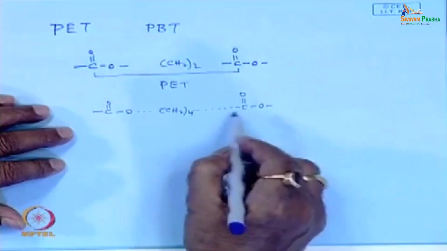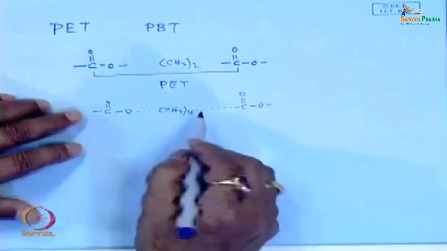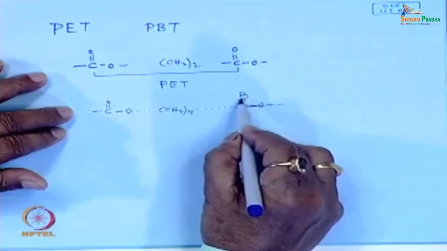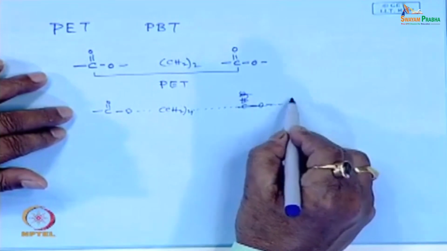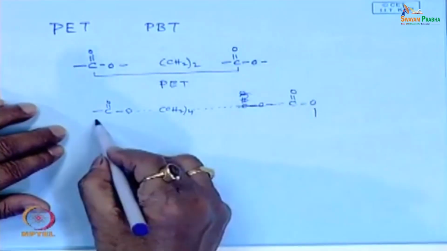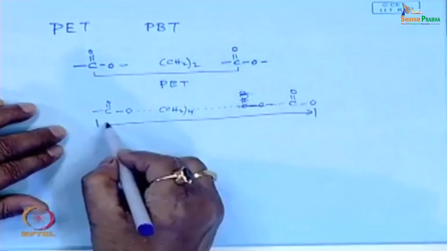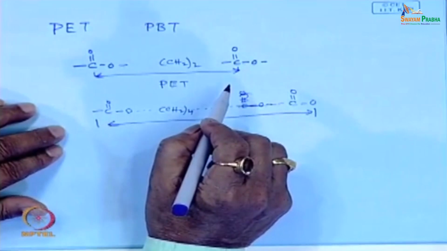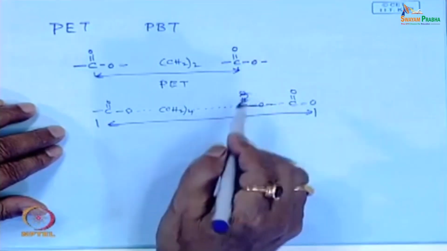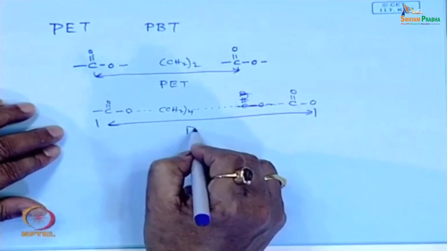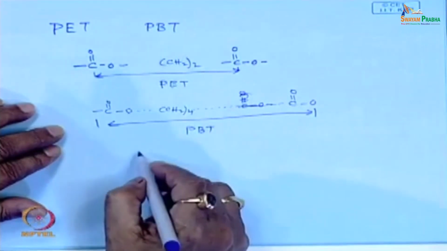So, obviously, the distance between these 2 carboxyl groups, sorry, I should have drawn a little this side, this length is longer than this length. So, obviously, the melting temperature of PBT will be what?